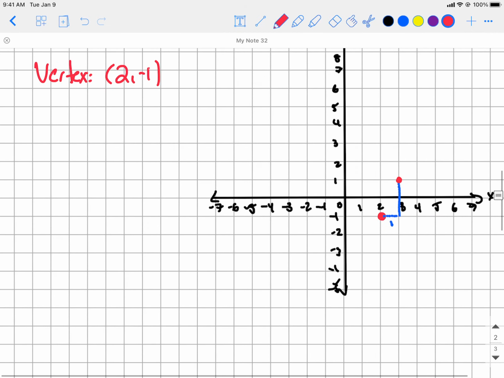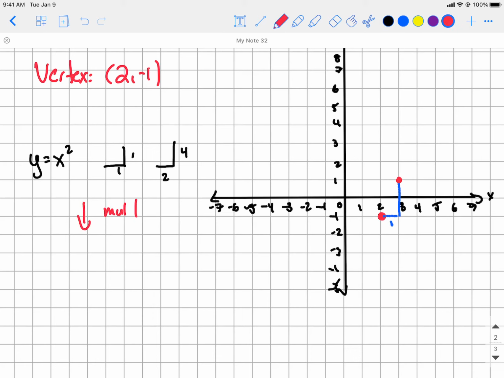So what's happening here is we take our y equals x squared pattern, which was 1 and 1, and 2 and 4, and we multiply only the vertical distances by a. So since our a value is 2 here, those vertical distances get multiplied by 2.